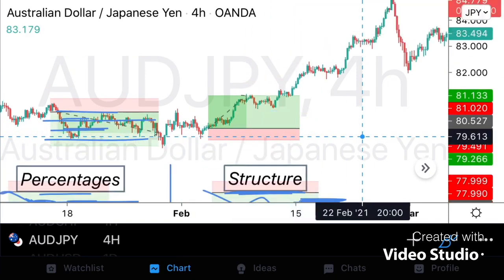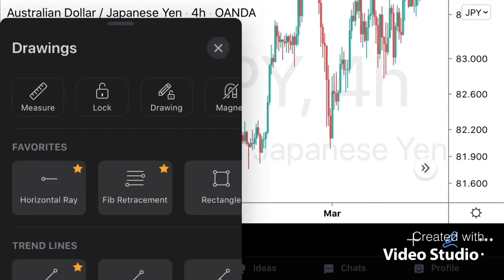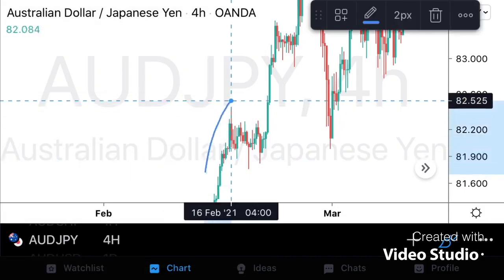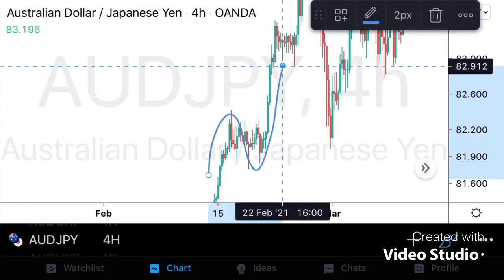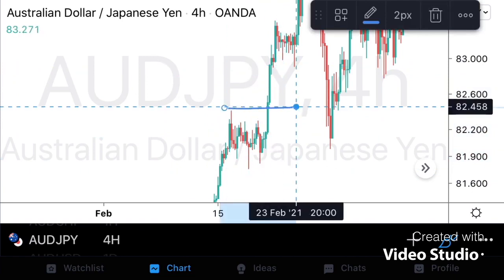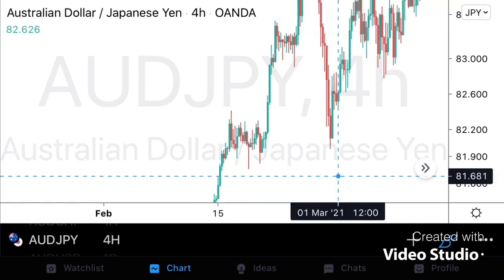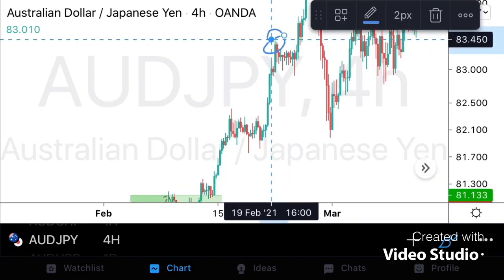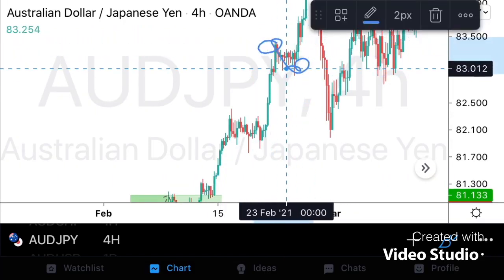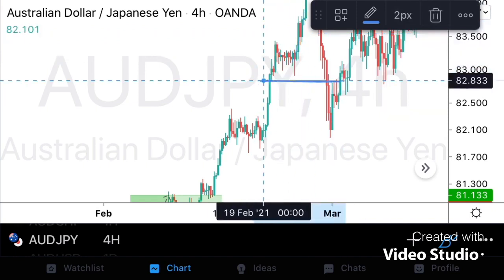Just rinse and repeat, guys. We wait for our structure to continue to trend to the upside to give us that higher high and that higher low. Once prices break and close above these structural areas, we trail stops below previous swing lows. Same thing again, when we see that higher high and that higher low being formed, we trail stops below previous structure.